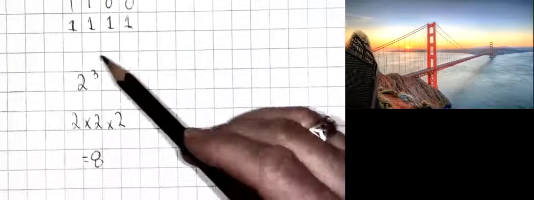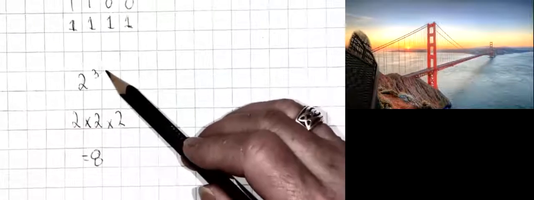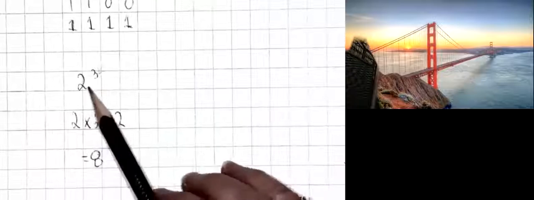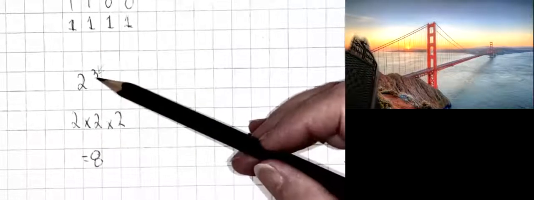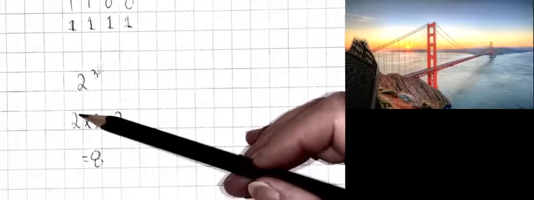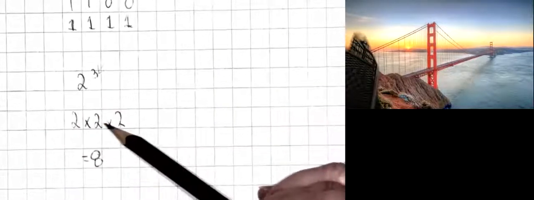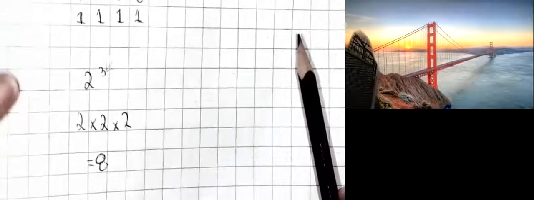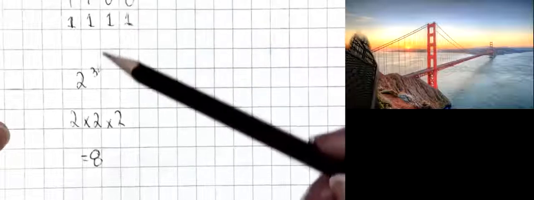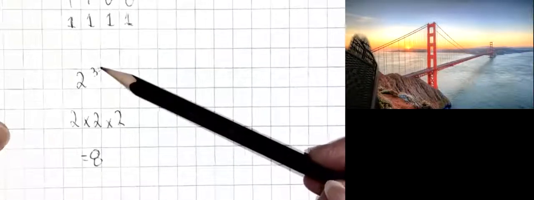So we had 3 inputs, that's your 3, 2 options, 0 or 1 for those inputs, so 2 to the power of 3, and we ended up with 2 times 2 times 2, which is 8 different combinations up here. So the number of combinations is relative to how many inputs we have on each gate.